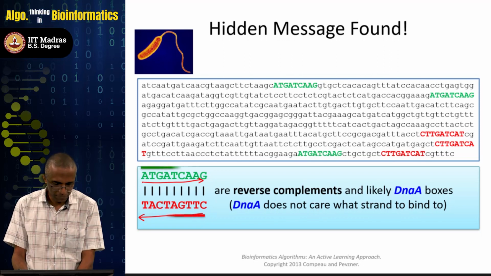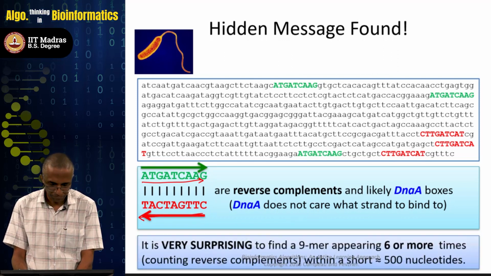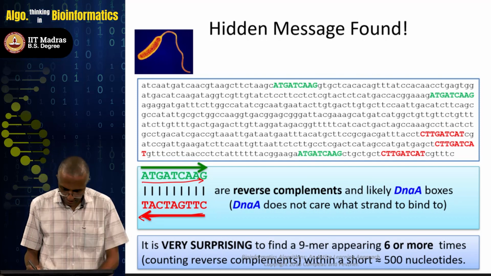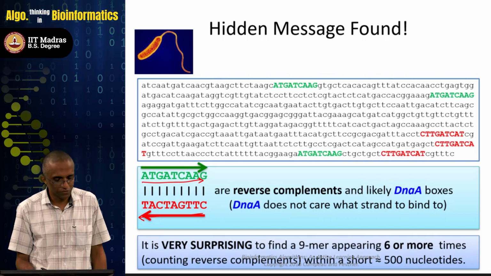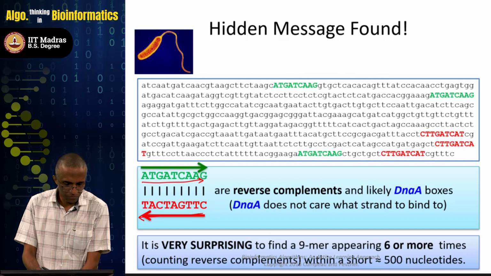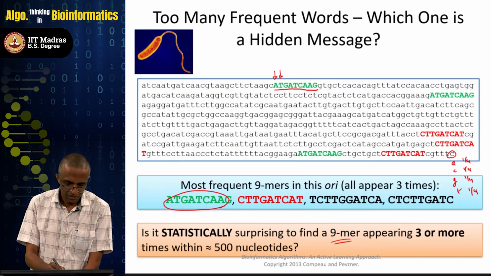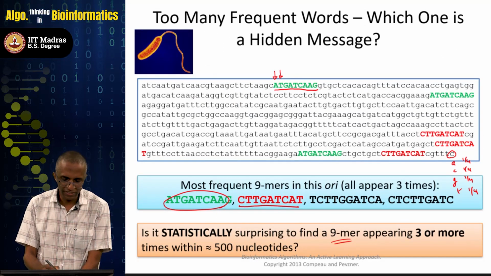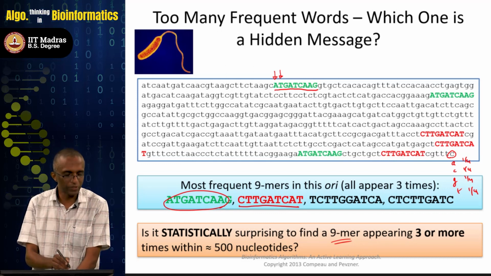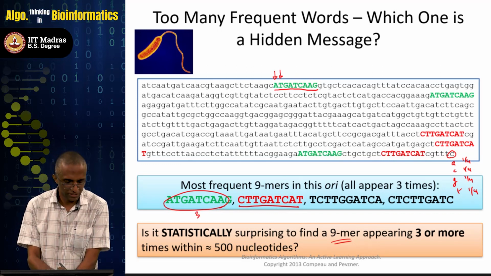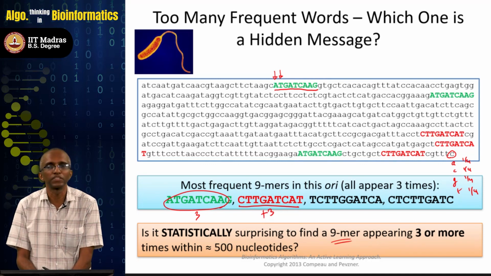If you do that, you will see that two of them are actually reverse complements of each other. This CTTGATCAT is the reverse complement of this first string. This one occurs 3 times, and this one occurs another 3 times. So 3 plus 3, this unit occurs 6 times.